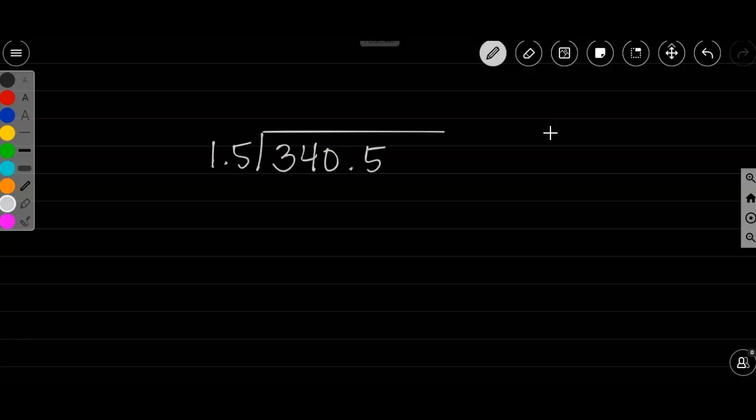So let's think about this as a fraction. If we put 340 and 5 tenths as our numerator and 1 and 5 tenths as our denominator, which is another way to represent this division. It really is. Fractions and division are the same. Remember, your denominator and your divisor are the same exact thing.